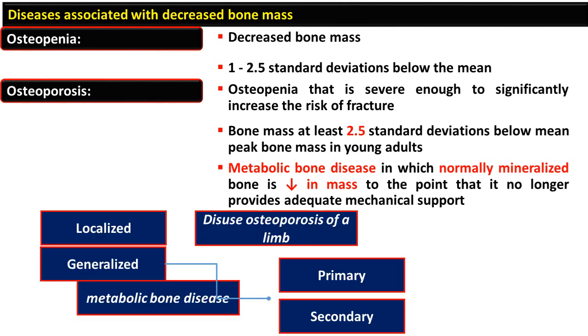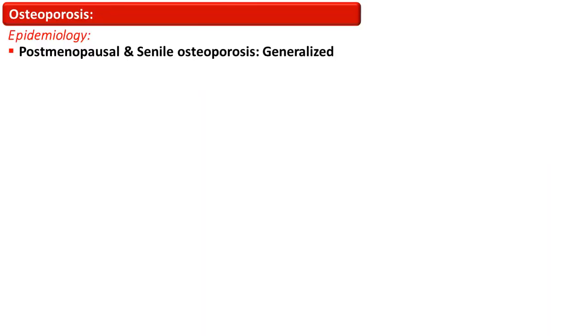To categorize osteoporosis, you can divide it into localized and generalized varieties. A localized example is diffuse osteoporosis of a limb, and generalized is one of the manifestations of metabolic bone disease, and these can be primary or secondary.